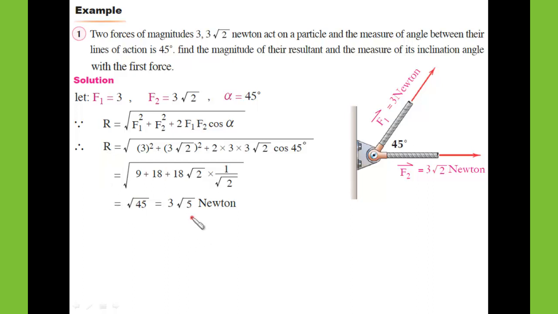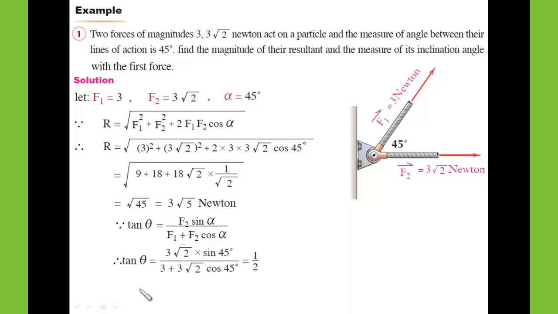Using your calculator, you will get R equals 3 root 5, and tan theta equals F2 sine alpha over F1 plus F2 cosine alpha. Tan theta equals 3 root 2 multiply sine 45. 45 is the included angle between F1 and F2. The required direction is between R and the first force.